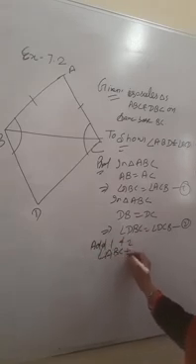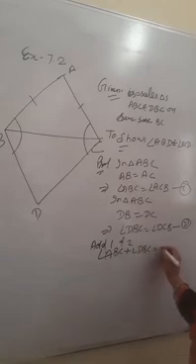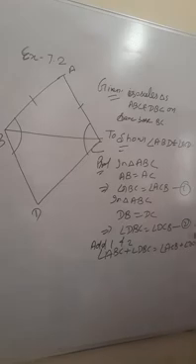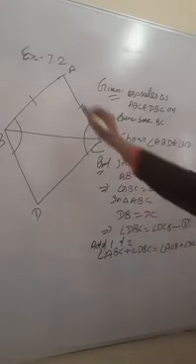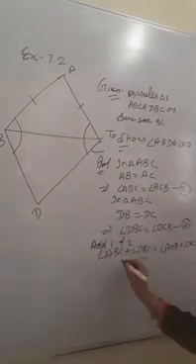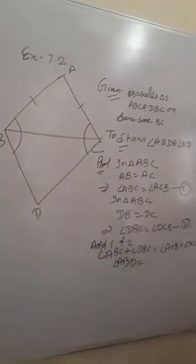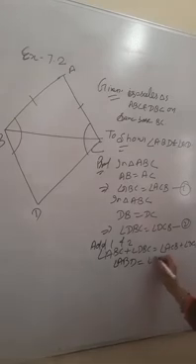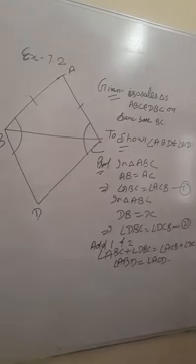Angle ABC plus angle DBC is equal to angle ACB plus angle DCB. ABC plus DBC will be angle ABD, and ACB plus DCB is angle ACD. This is what we wanted to prove. So in this way we have proved that angle ABD is equal to angle ACD.